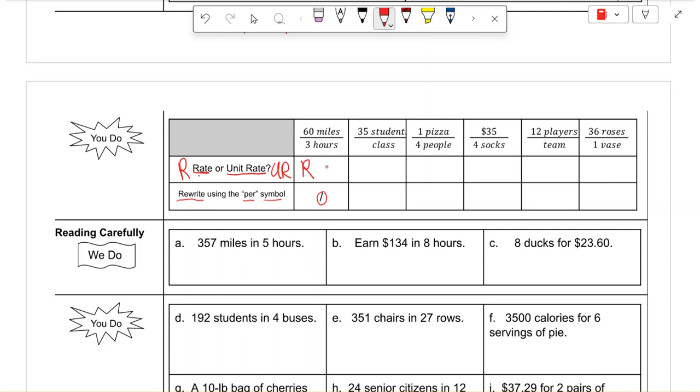So 60 divided by 3, what we just learned on the last page, is 20. So it's going to be 20 miles per hour. And that's how you do it. So go ahead and make sure you label things and you use the per sign that we have there. Go ahead and pause the video and try the next one.